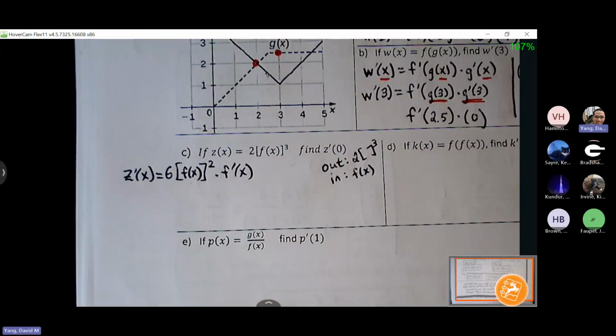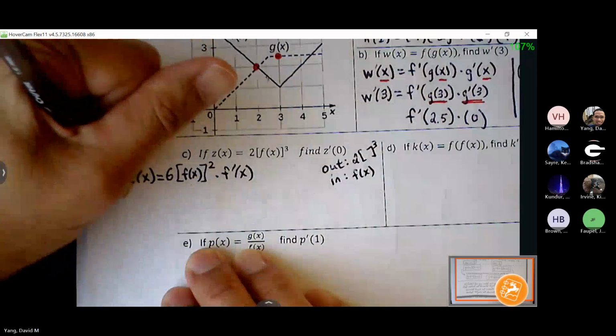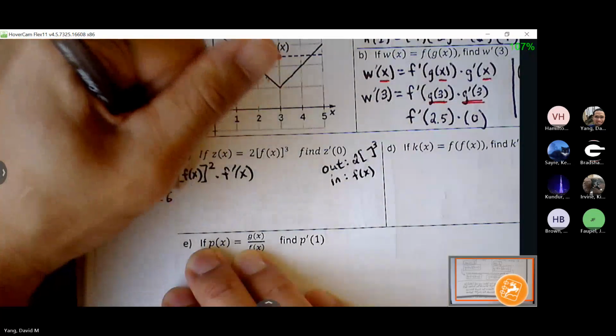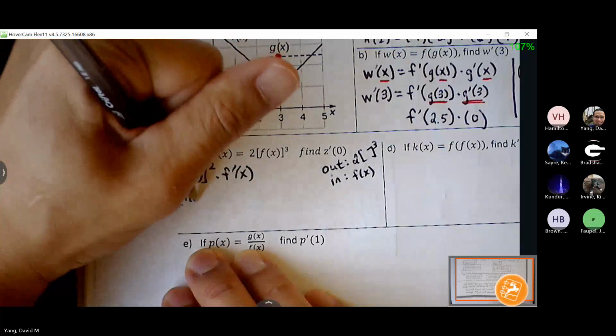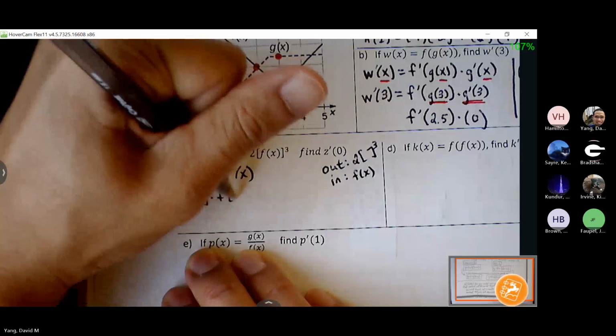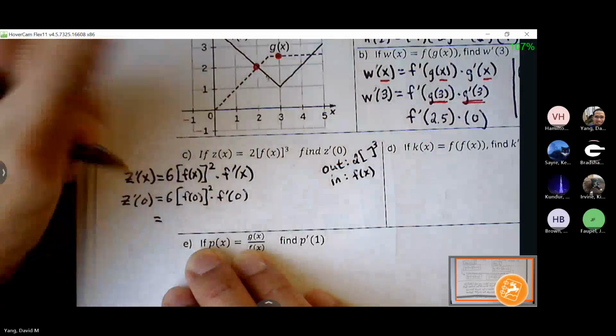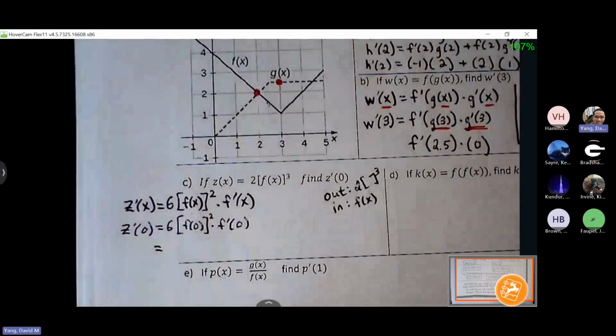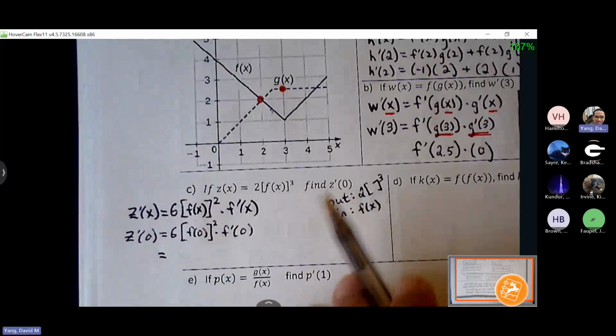Now replace every x with 0. Okay, so f of 0, we go to our graph.